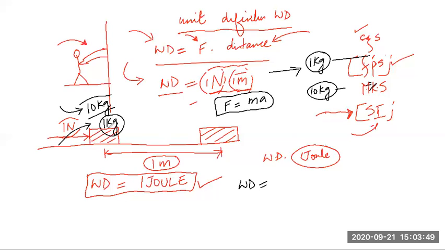Here the force is 1/10 of the force you need to move the other one. So the work done will be 10 joules in the first case, and 1 joule in the second case, imagining that corresponding to 10 kg I have applied 10 newton of force, and 1 kg mass corresponds to 1 newton force. Okay, there may be a little doubt or confusion in what I've explained, but it will be clear.